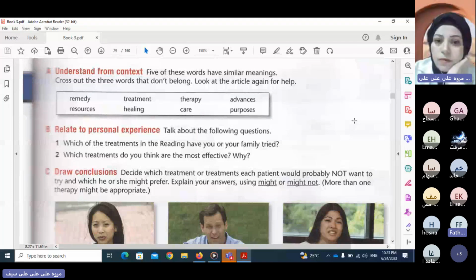So I think it's not the best way to go for an operation without making a lot of tests first, because you may find another way that you can keep your body untouched.